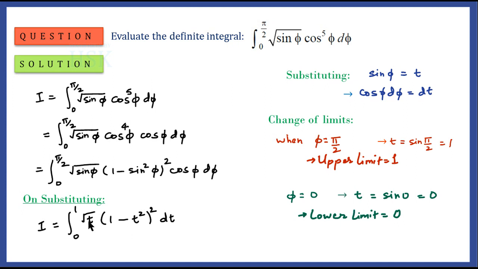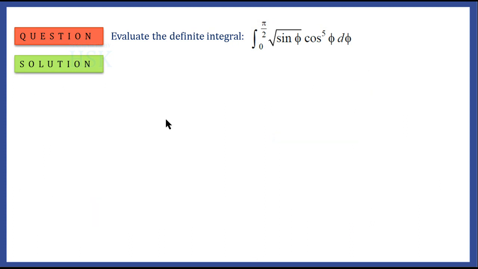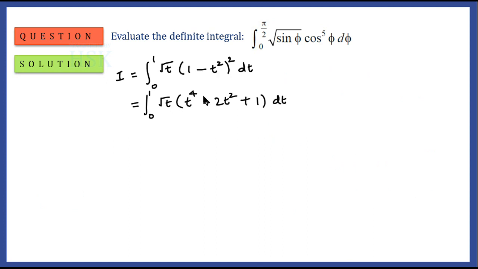Now we can easily simplify these terms. They are going to become simple algebraic functions, and we can easily integrate them. First of all, I open this square, so this can be written as t to the power of 4 minus 2t square plus 1, and the square root of t can be multiplied to each of the terms, which gives me t to the power of 9 by 2 minus 2 into t to the power of 5 by 2 plus t to the power of 1 by 2.